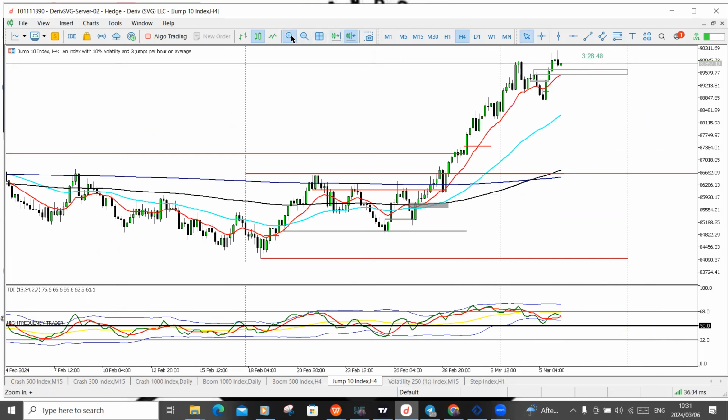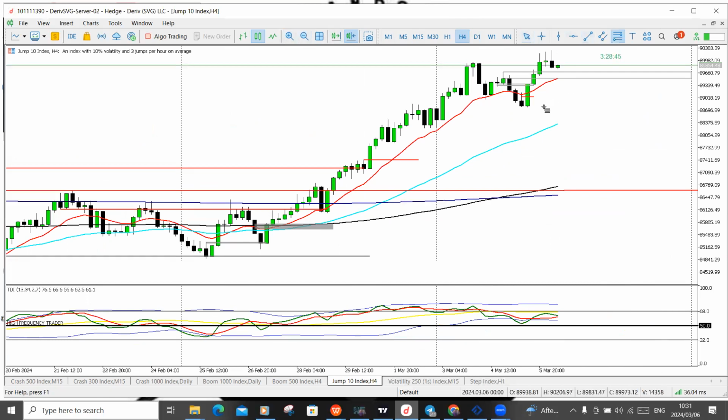That's the first thing. If I run a fib from this low to this high, you see that my 50 level retracement and my 38.2 is right on top of this. So this will be a support zone for me. So if we can come a little bit lower and bounce here, then I'll be looking forward to actually execute a buy here.